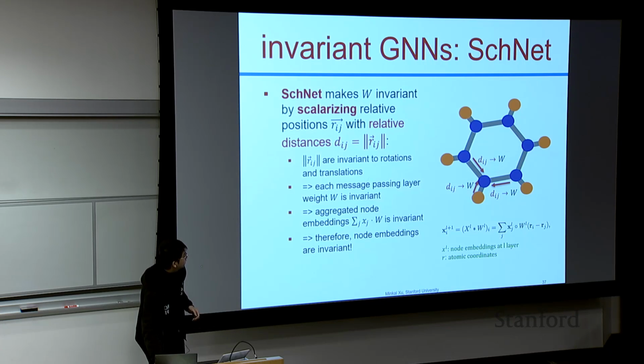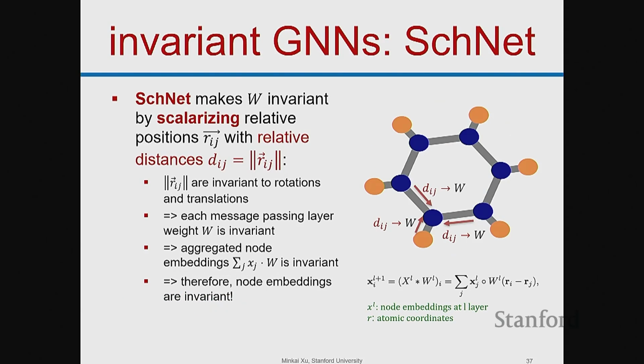From this figure to the next figure, we do some rotation of the molecule. But no matter how we rotate this molecule, the bond distance stays the same. Looking at the equation, this input is an invariant distance, and naturally the output of W is also invariant, the message passing is invariant, and everything is invariant.